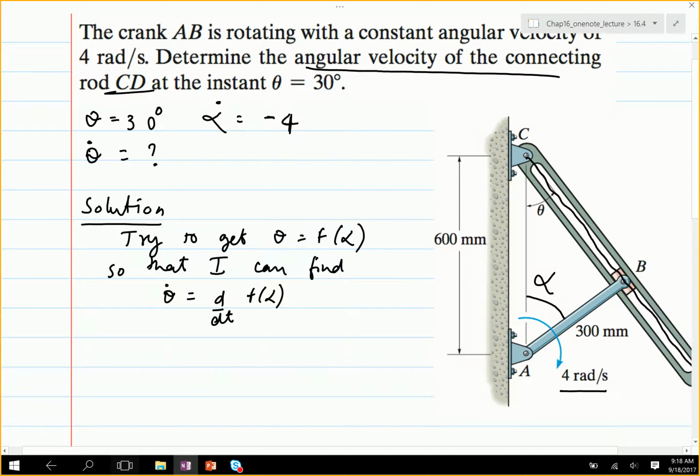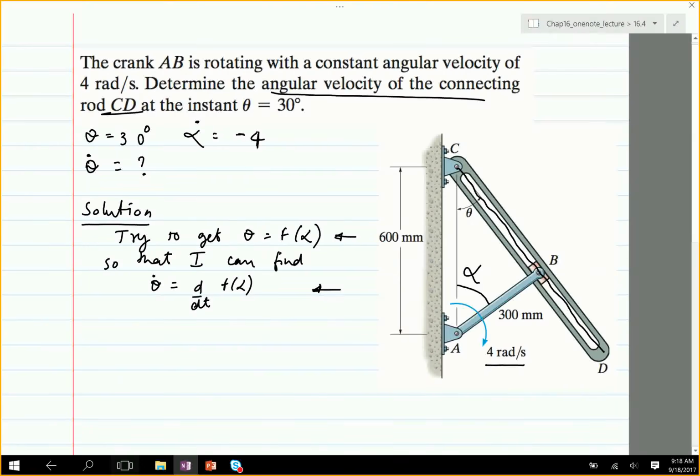I'm trying to get that expression first, so that I can differentiate and get theta dot. So I need to find theta in terms of what is given, which is the sides and alpha.